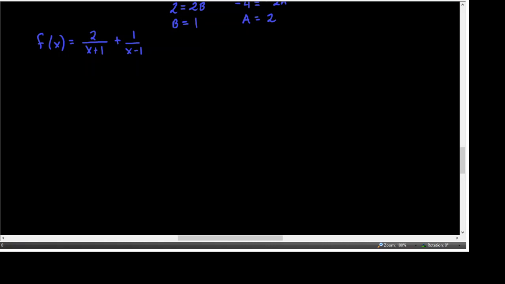So let's do the 2 over x plus 1 first. That's writable as 2 over 1 plus x, which is 2 over 1 minus negative x.